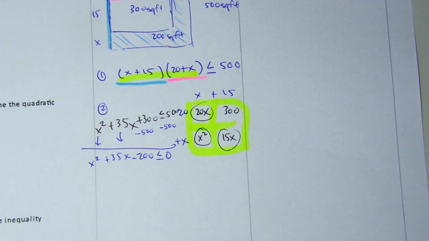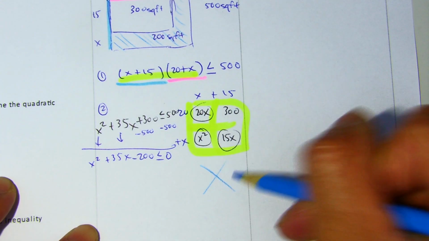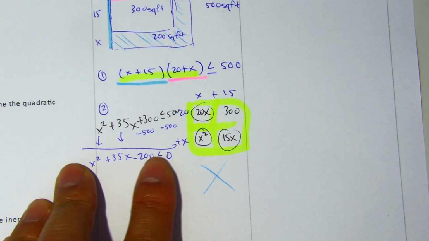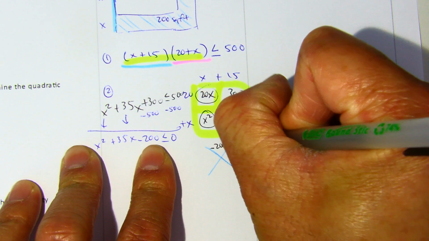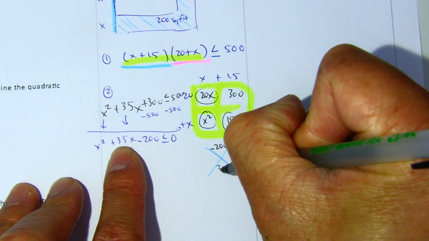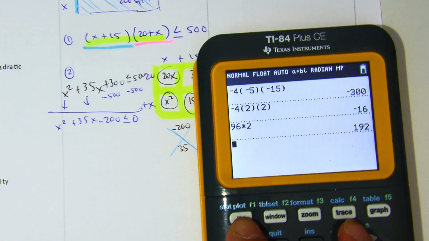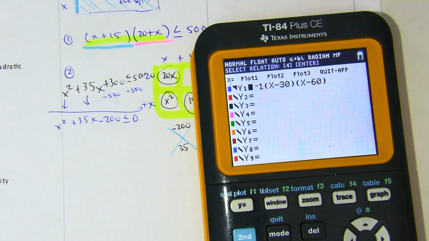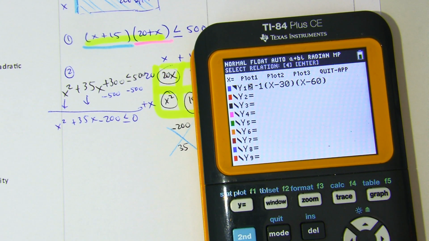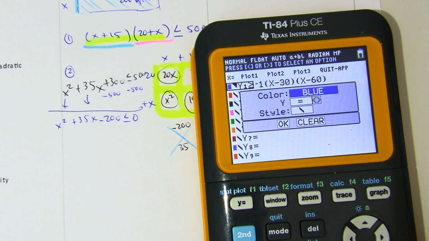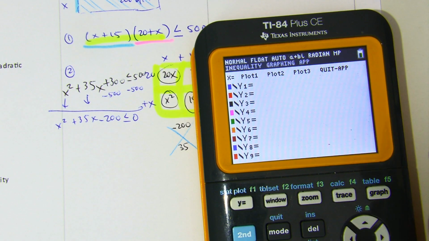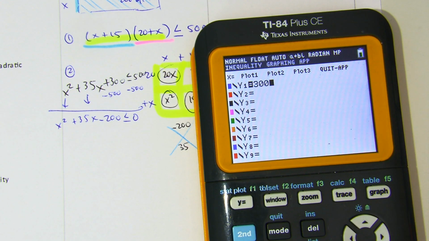The easiest way is to see if we can factor this. So let's factor it. A times C is negative 200. Your B value is 35. So my calculator trick is to put it in your table of values. So I have 200 divided by x.